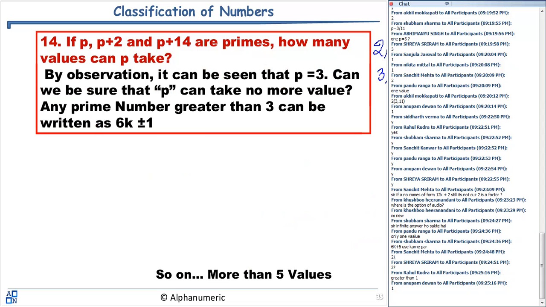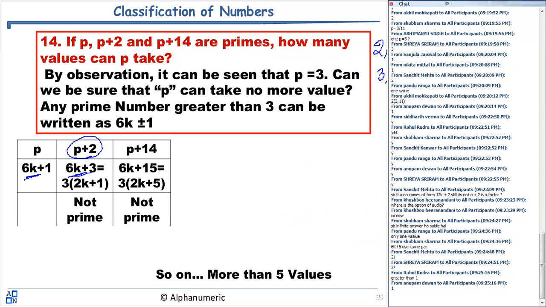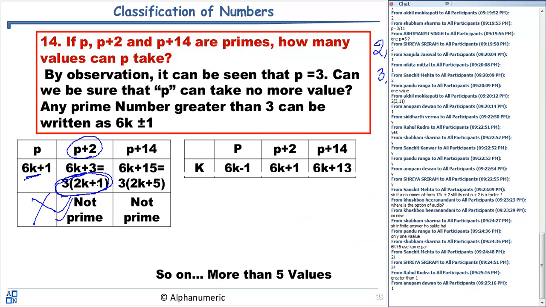Since it is a multiple of 3, it cannot be a prime. So the form 6k plus 1 will not satisfy here. Now check with p equal to 6k minus 1. Here p plus 2 is equal to 6k plus 1, so it may be prime.